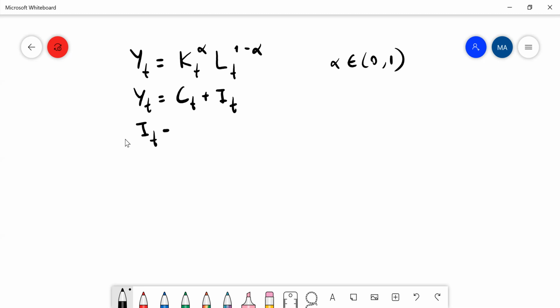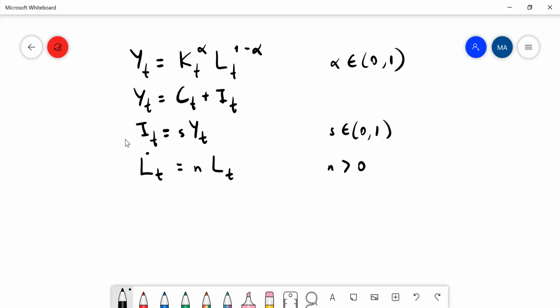So I_t again will be a fixed fraction of Y_t. Okay. But now I want to talk about how the labor force changes in time, right? And here we make a particularly simple and not very realistic assumption. Okay, we assume that the labor force grows at a fixed rate.